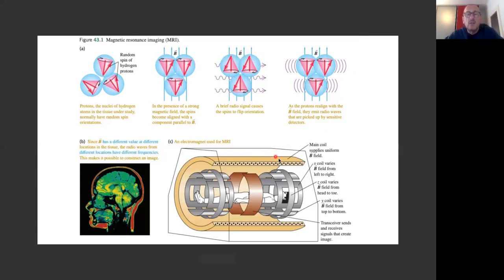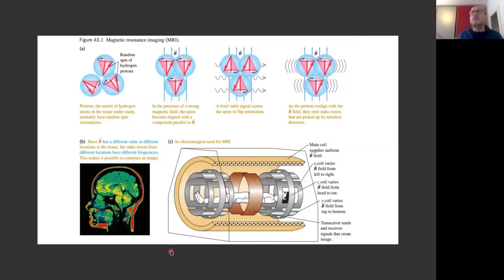How does it work? You actually can get imaging resolution just by putting an object in a gradient of magnetic field. Okay, so this is how an MRI machine works. You have a big main coil that supplies a uniform field.